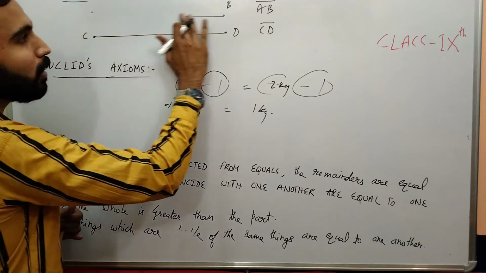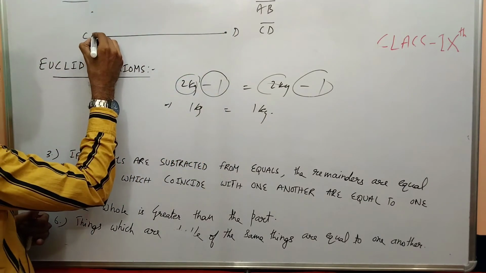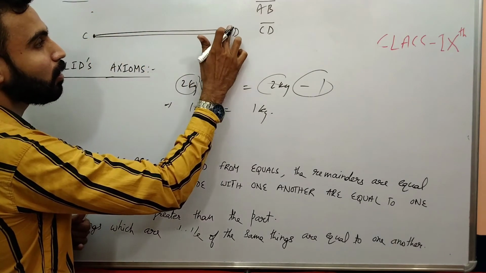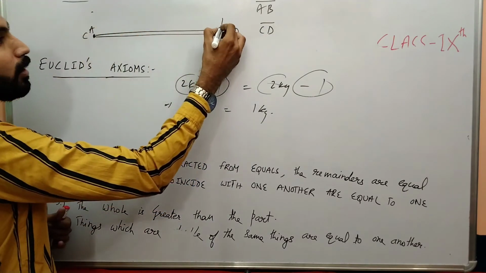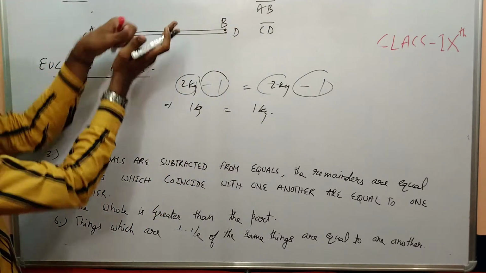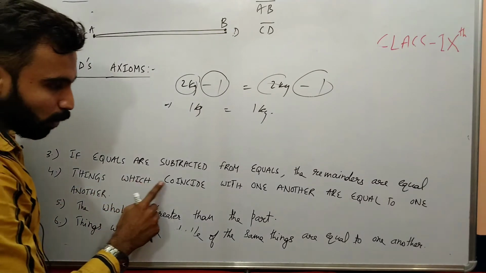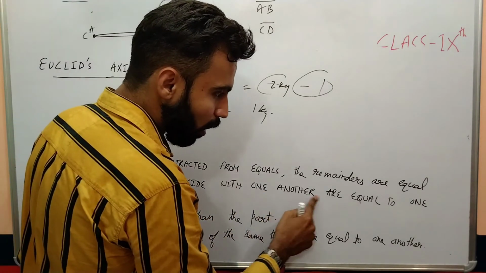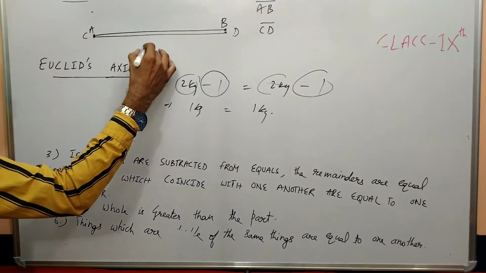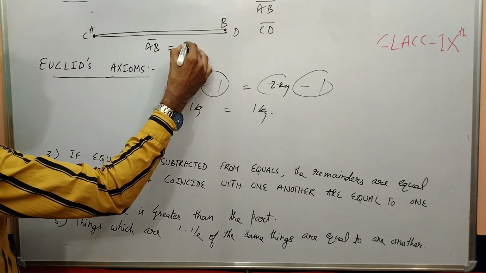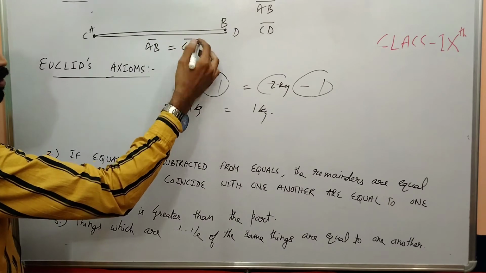If I simply merge these lines like this, you can see they are actually coinciding with each other. So the fourth axiom is saying the things which coincide with one another are equal to one another. That means I can say this line segment AB is clearly equal to CD.